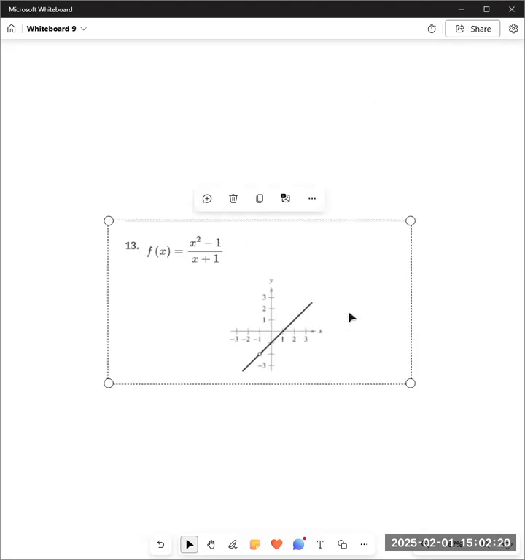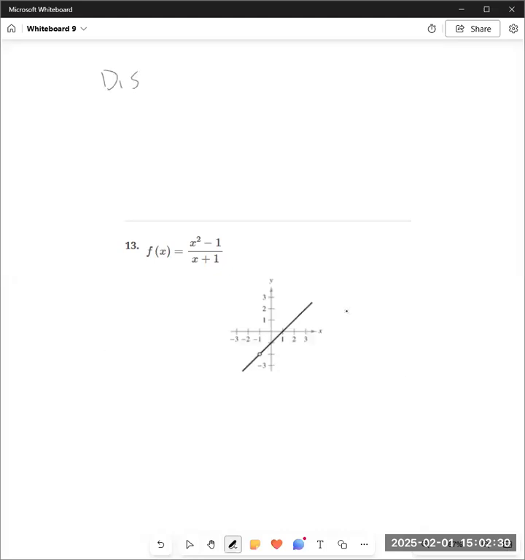And number 13 here is right here. And notice this hole that's right here in the graph. It is continuous everywhere else other than x equals -1.